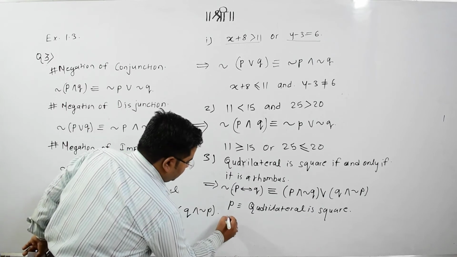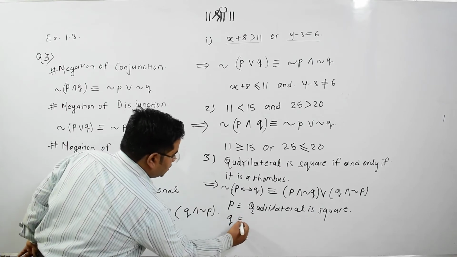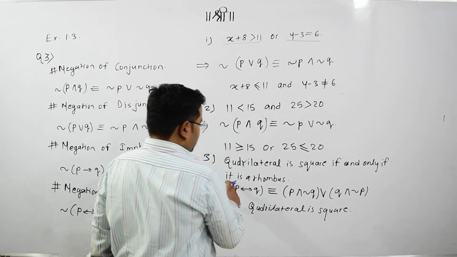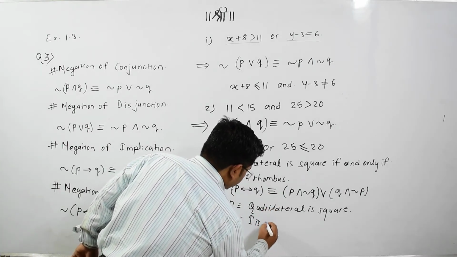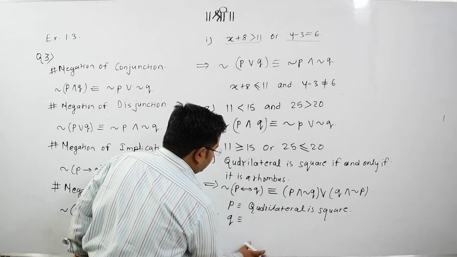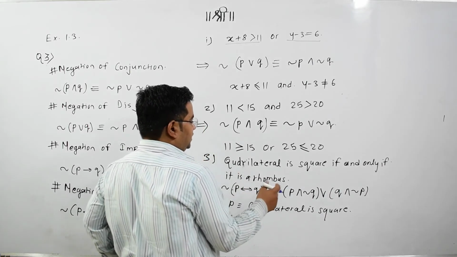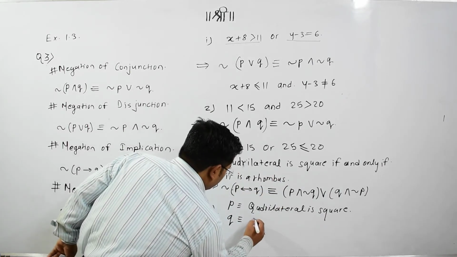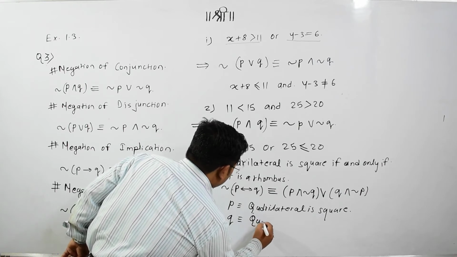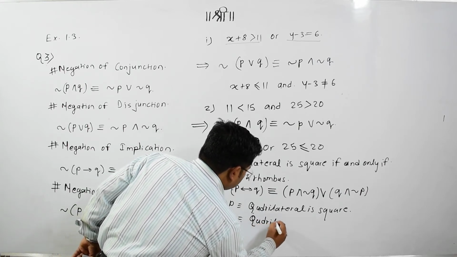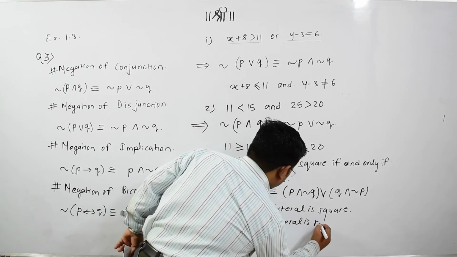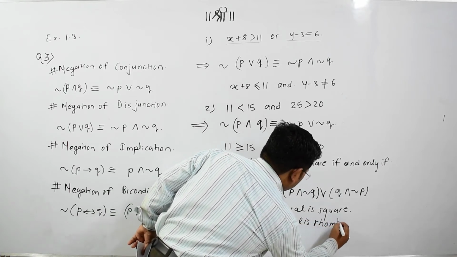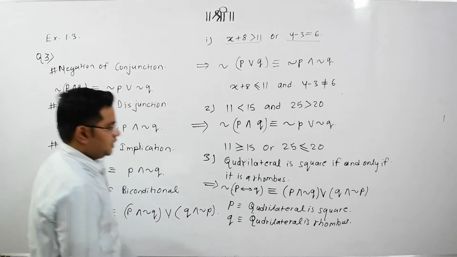Okay, now what is our Q? Q is equivalent to what? It is rhombus. So instead of it is you can write it down, quadrilateral is rhombus. Okay.